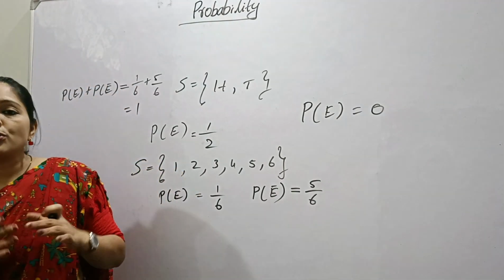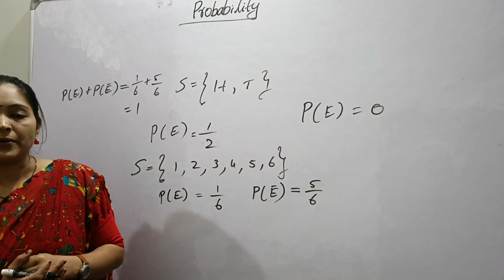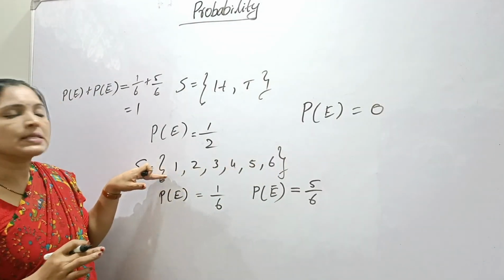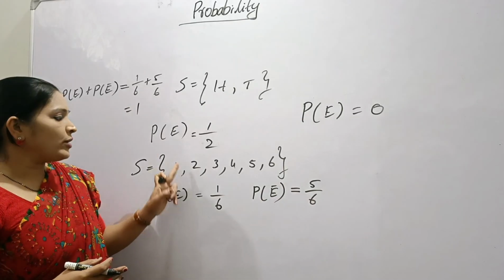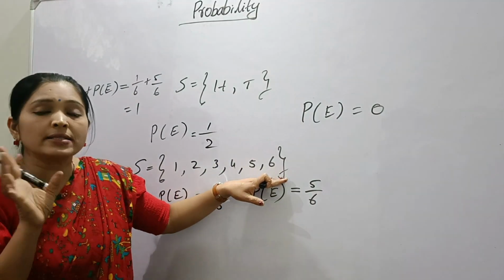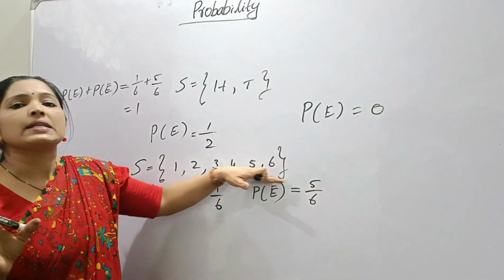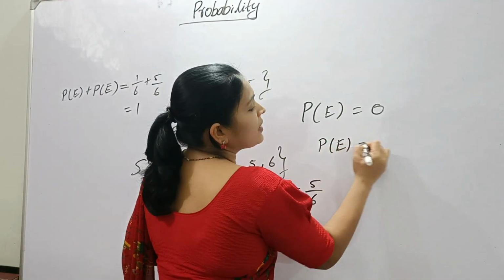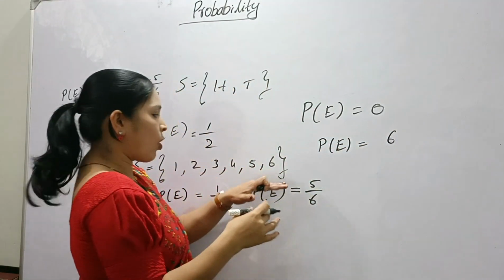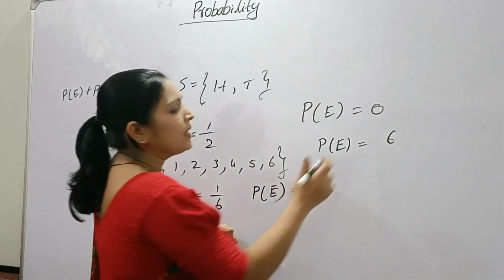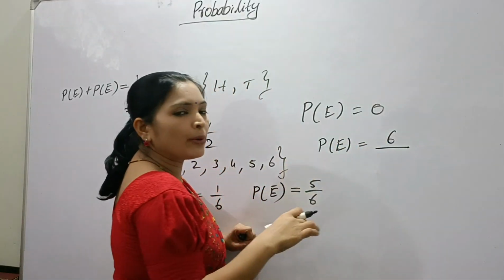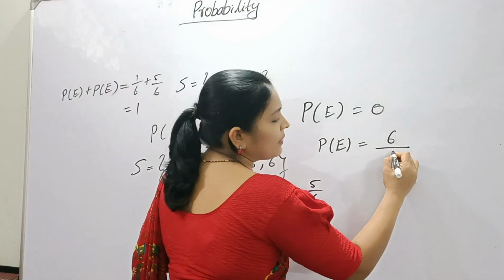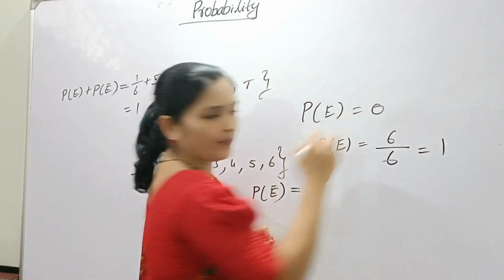Now, what is the probability of getting less than 10? See, all these numbers are less than 10, right? So 1, 2, 3, 4, 5, 6. There are 6 possibilities, so the number of favorable outcomes is 6. Therefore, 6 divided by the number of total outcomes, which is also 6, is equal to 1.